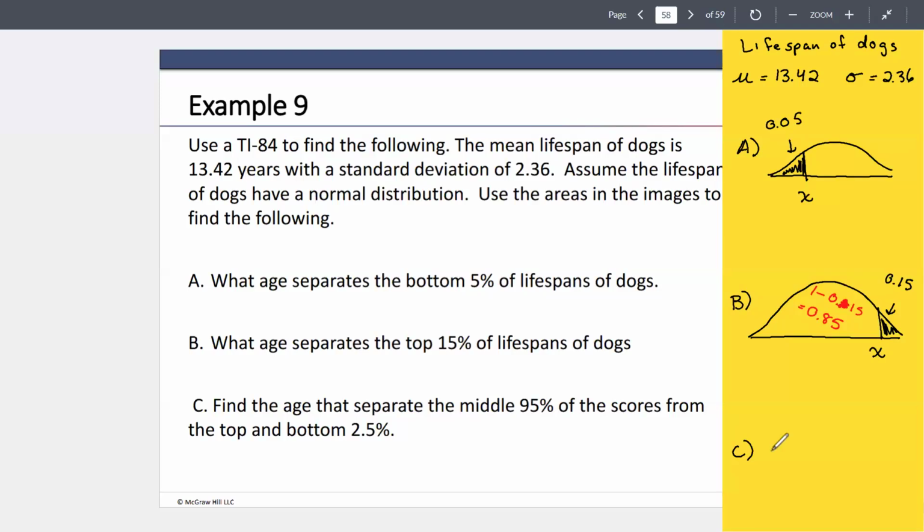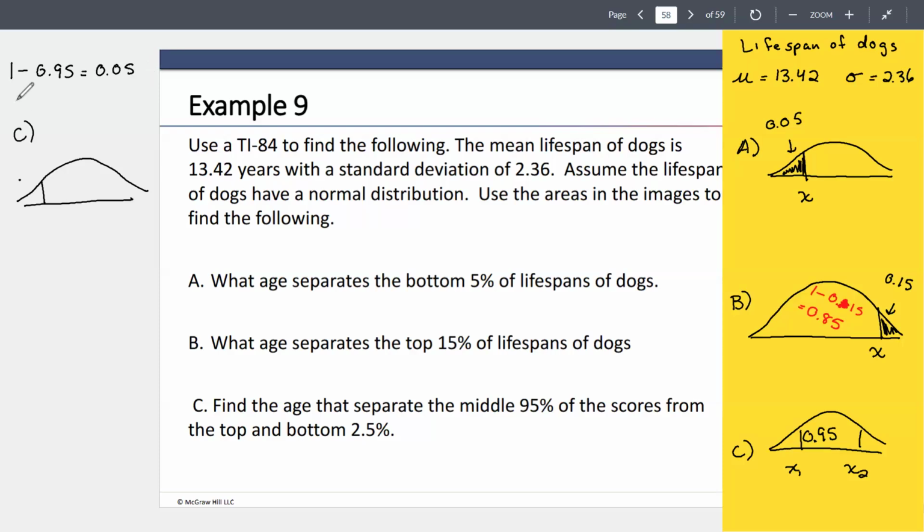And then for C, I'm going to draw a couple little pictures for C here. C is that middle 95%. So we need 2 areas for that. And I'm going to bring them over here. So we'll continue C. So here we need that X1 and that X2. So if I just do to the left, as we said before, 1 minus 0.95 is going to leave me with 0.05. That's both tails.